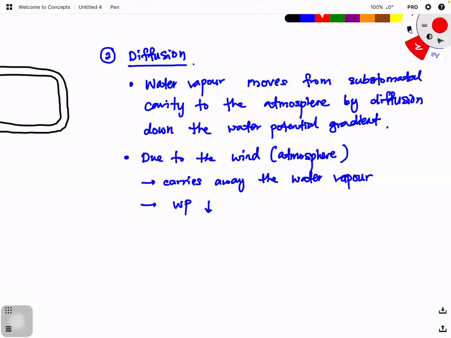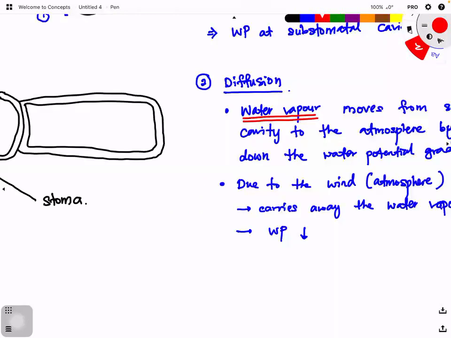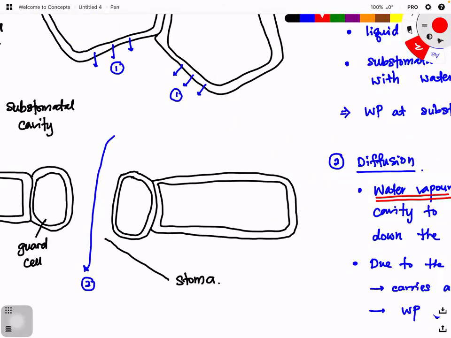Again, highlight the words: water vapor, not water, and by the process of diffusion, not osmosis, because there is no involvement of membranes. So in this case, you can see that the water molecule moves from the cell wall all the way to the atmosphere.